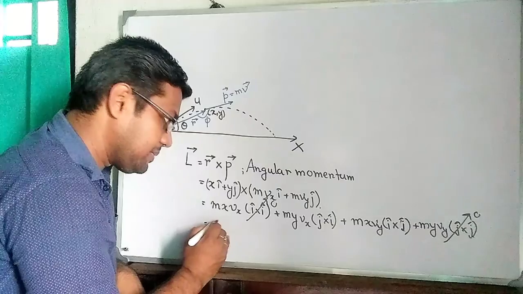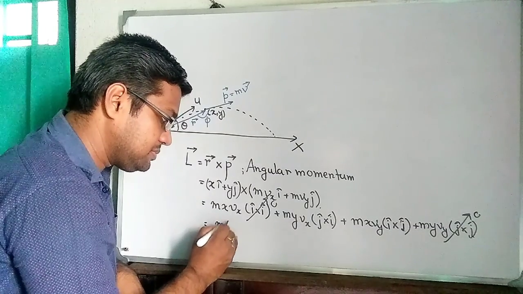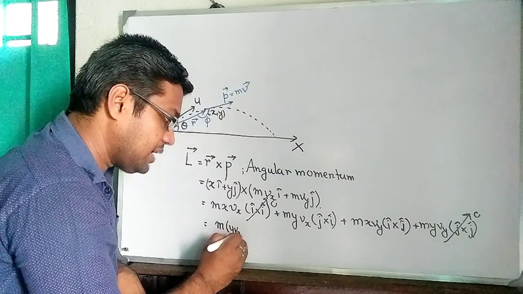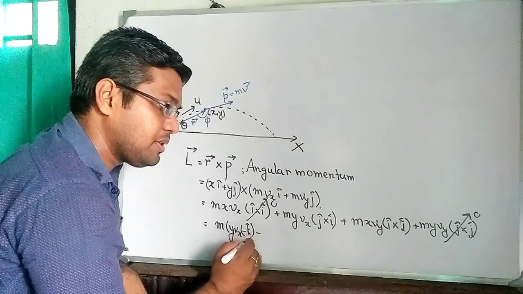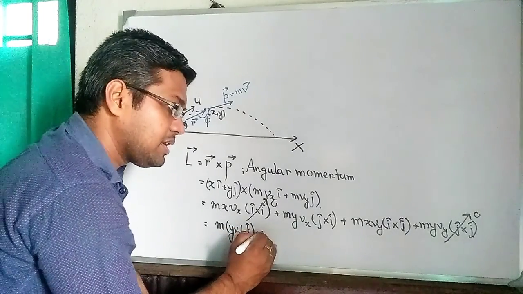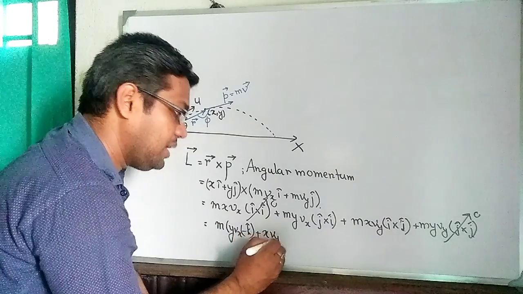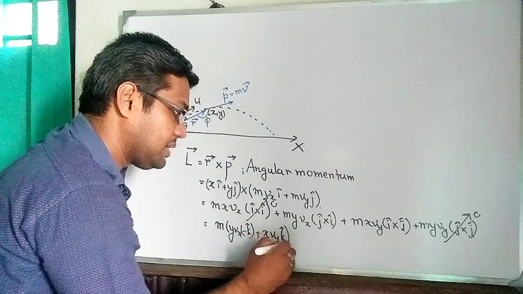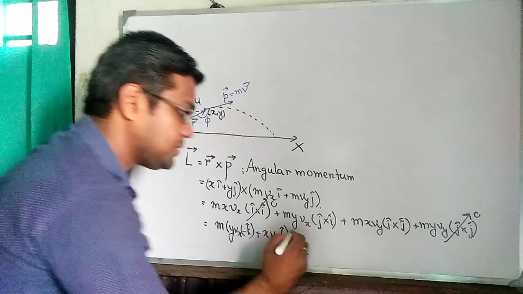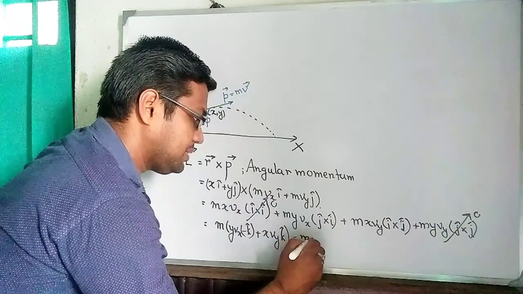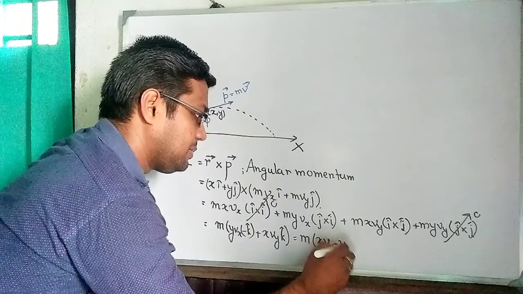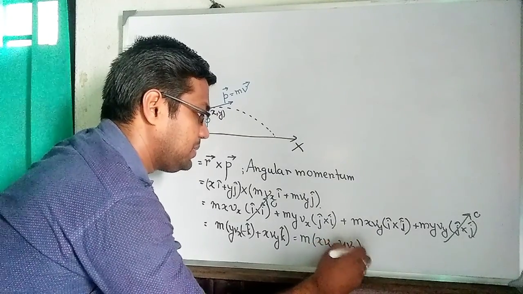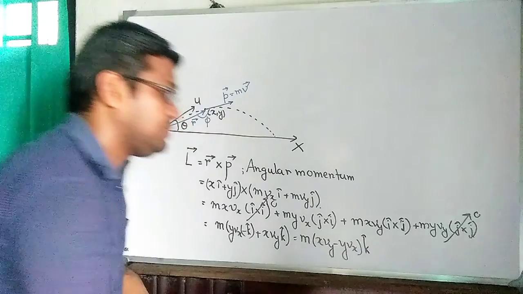So from here it will be m into y vx times minus k cap plus x vy times k cap. So we can write it as m times (x vy minus y vx) k cap.